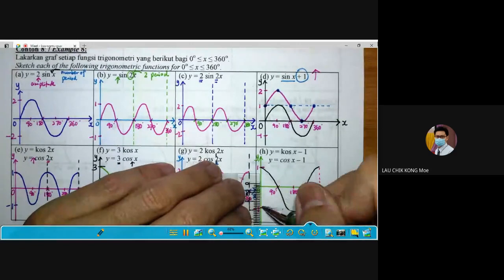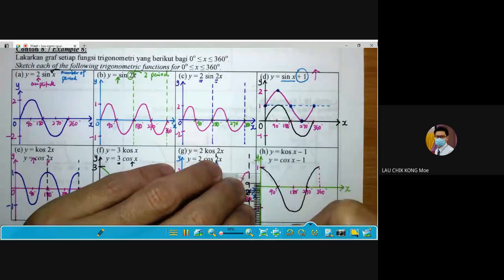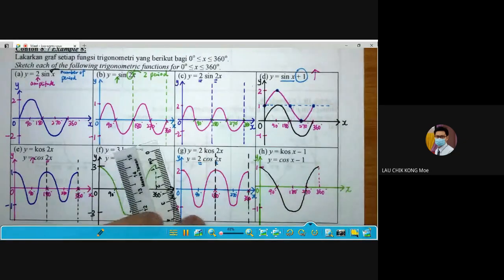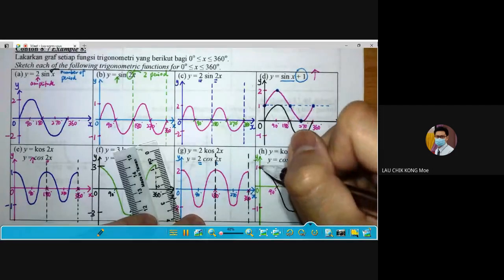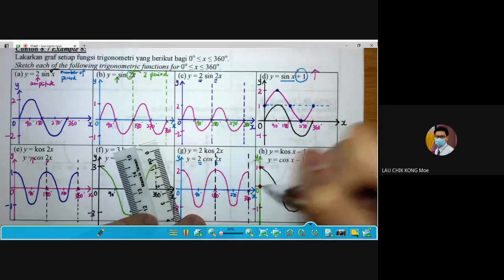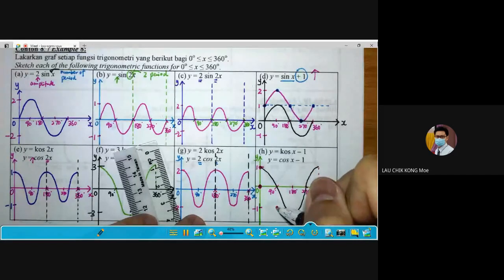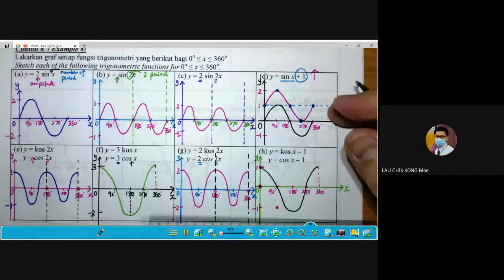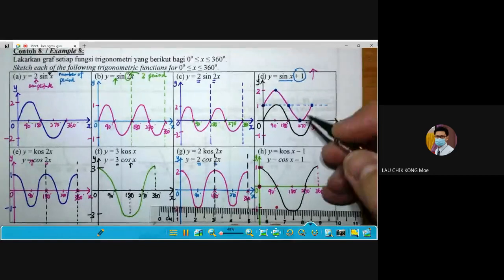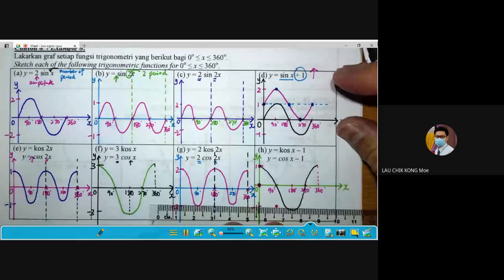Okay, mungkin saya buat panjang sikit di sini. Okay, negative 2. So, lebih kurang negative 1, negative 2 is here. Okay, so the 1 to become 0, 0, 90, 0, 90 degrees, 0, 0 to become negative 1. So, means that the negative 1 is our x-axis now lah. Tengok saya memang sudah lari sikit, tapi tak apalah, lebih kurang lah.